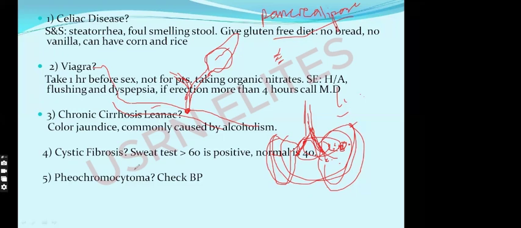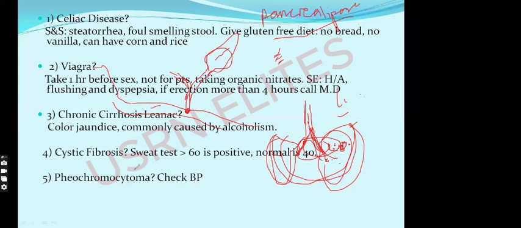I told you the main systems are two: the respiratory and the digestive system, and we've talked about them. With regards to the reproductive system, remember we are still saying thick secretions.